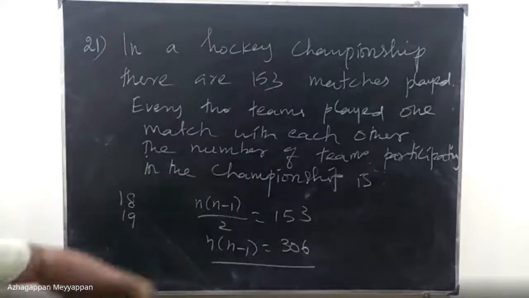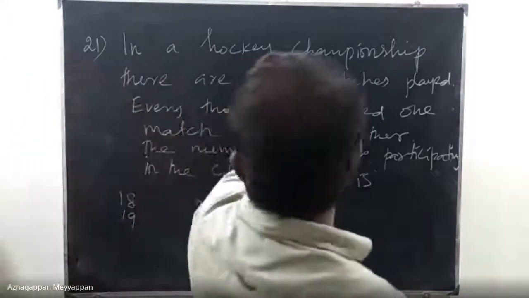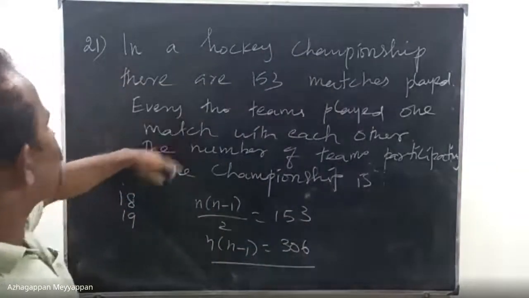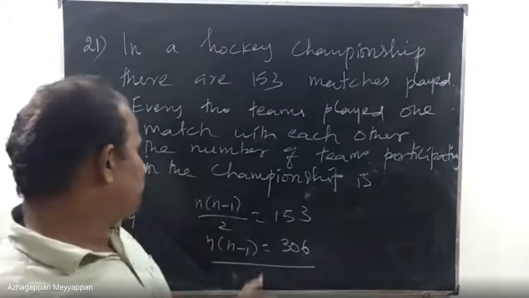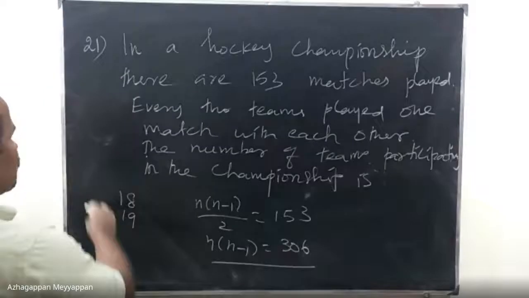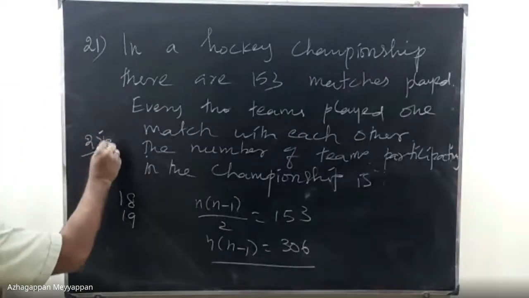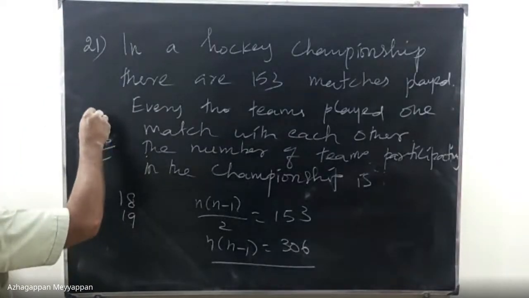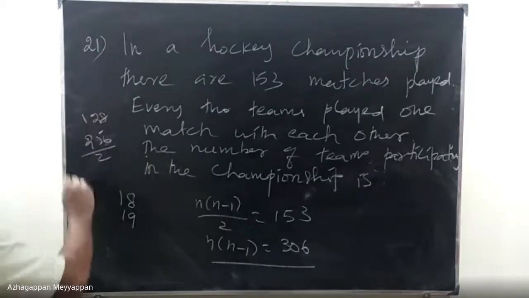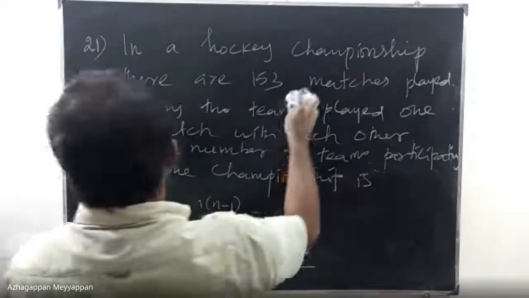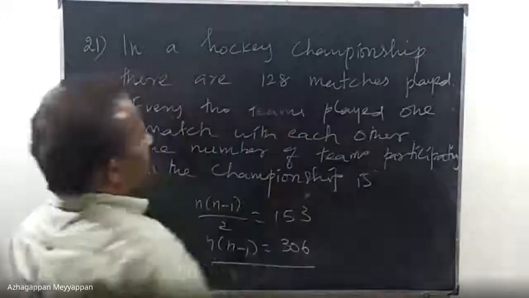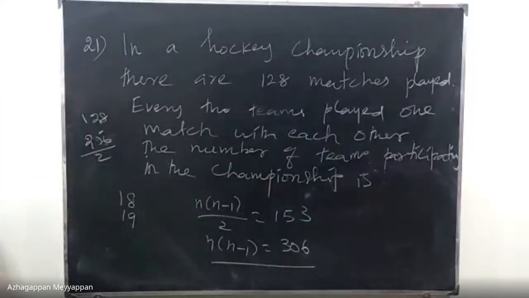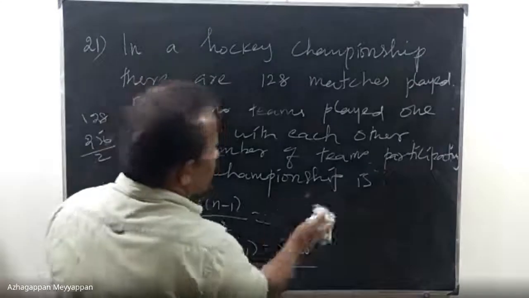Something is wrong. 153 matches played. Every two teams played one match with each other. The number of teams participating is what they are asking. Maybe it is 128? Take 128, what will you get? Some mistake in the problem.